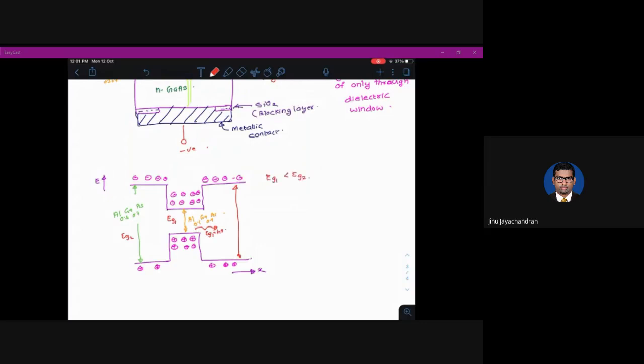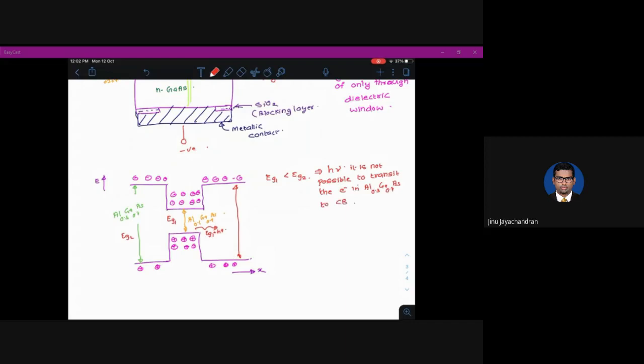This implies that with light energy h nu, it is not possible to transit the electron in aluminum gallium arsenide to the conduction band.